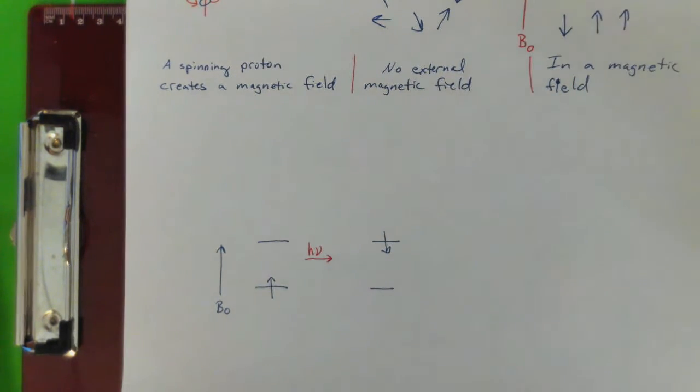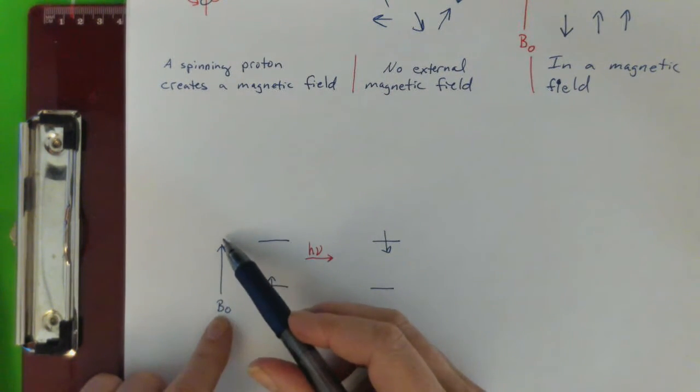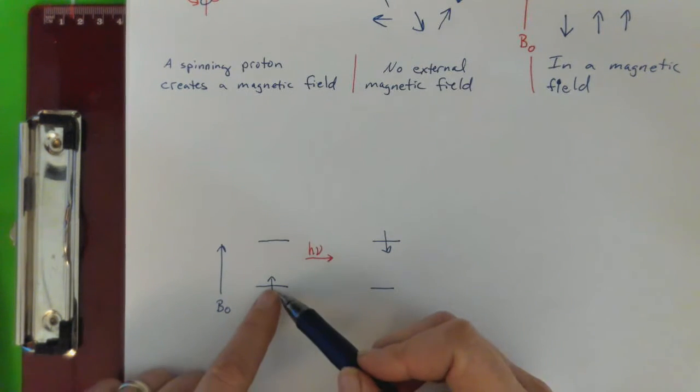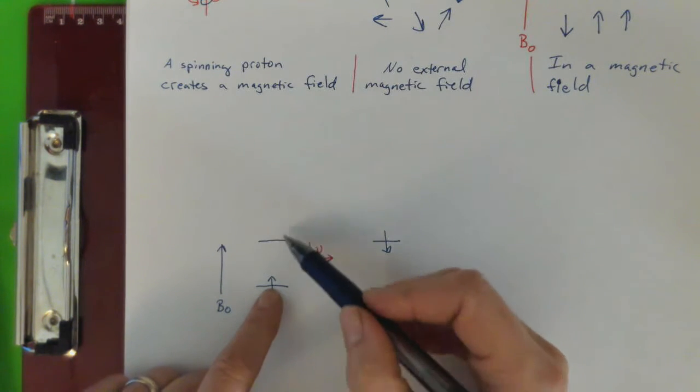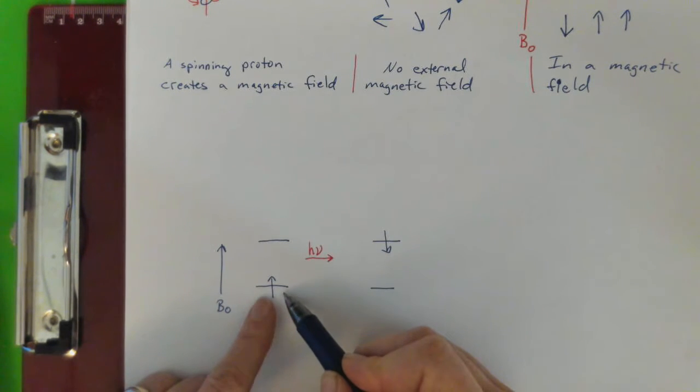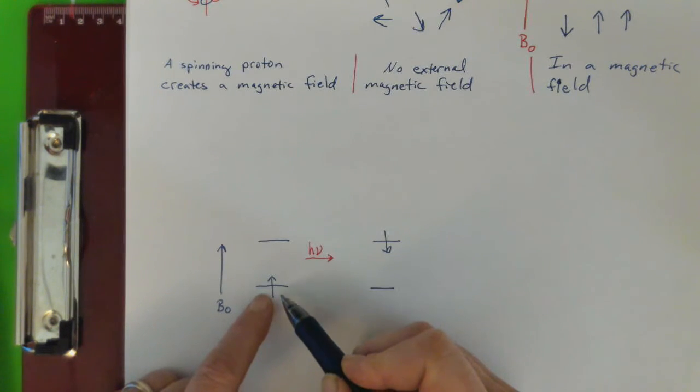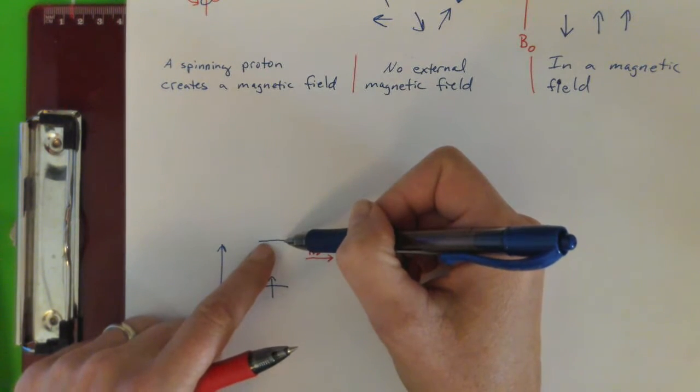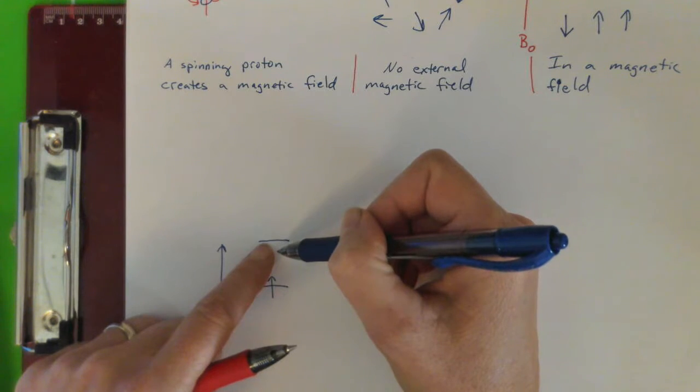So here I've got my external magnetic field, and I've got these two possible energy states for the nucleus: parallel, or with the magnetic field, and anti-parallel, or against the magnetic field.